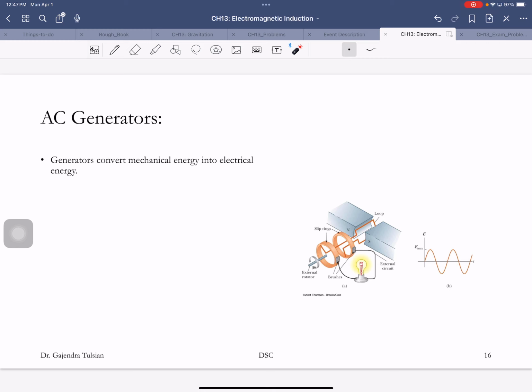And you produce electricity. Whatever work you put in turning the loop is being converted to electrical energy. Did you guys understand that?